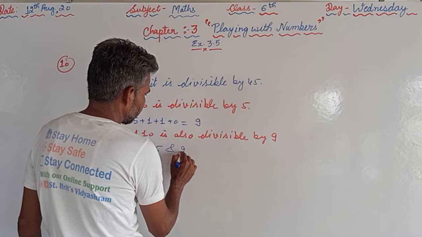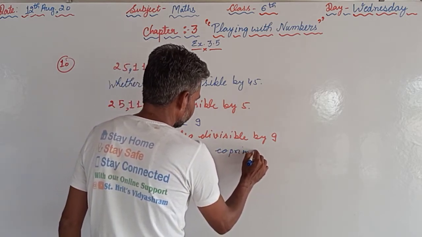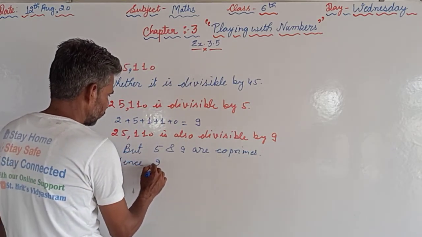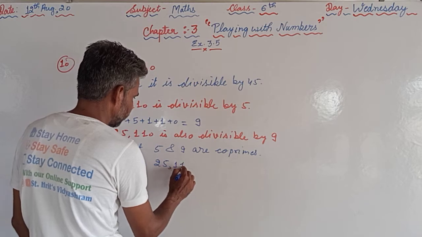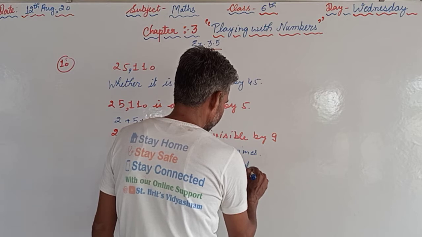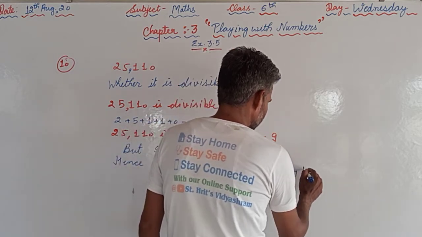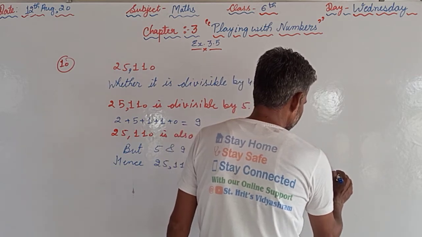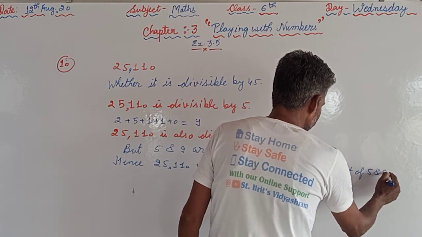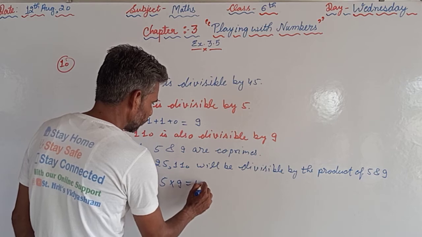But 5 and 9 are co-primes. Hence 25,110 will be divisible by the product of 5 and 9, means 5 into 9, that is 45.